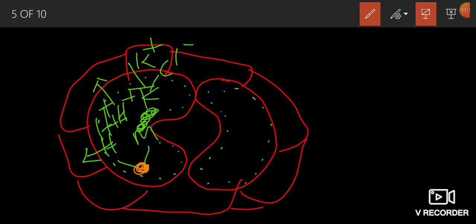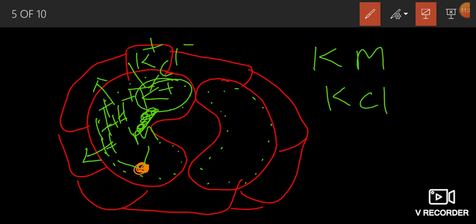There, K plus reacts with malate and chlorine and forms potassium malate and potassium chloride. These are the chemical substances formed in guard cells.